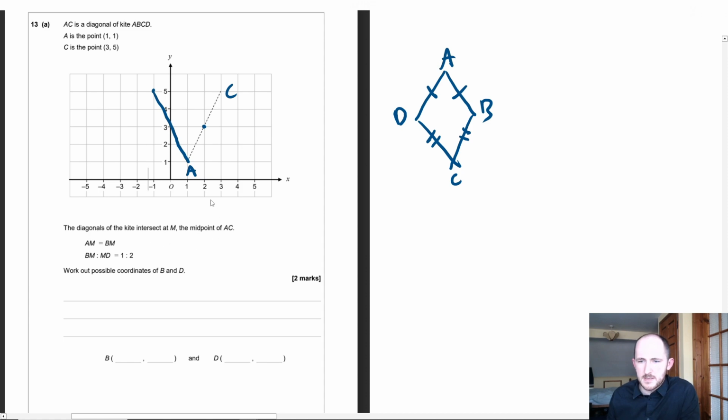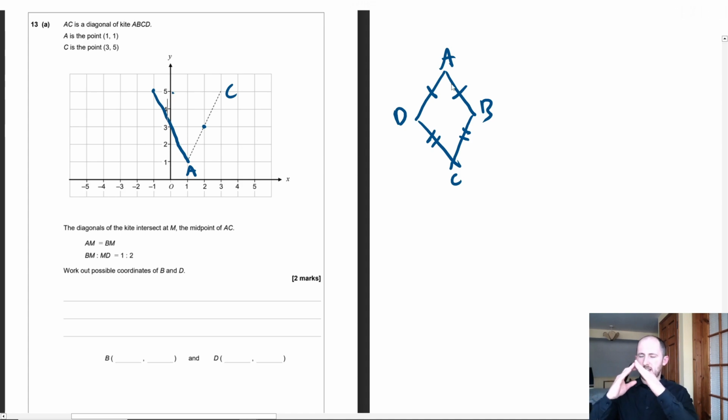Okay. M is the midpoint of AC, that's fine. So we can find what the midpoint is. That's just 2, 3. That's okay. AM is equal to BM. So unless what they're saying is the other kite, this wording is really messing with me.